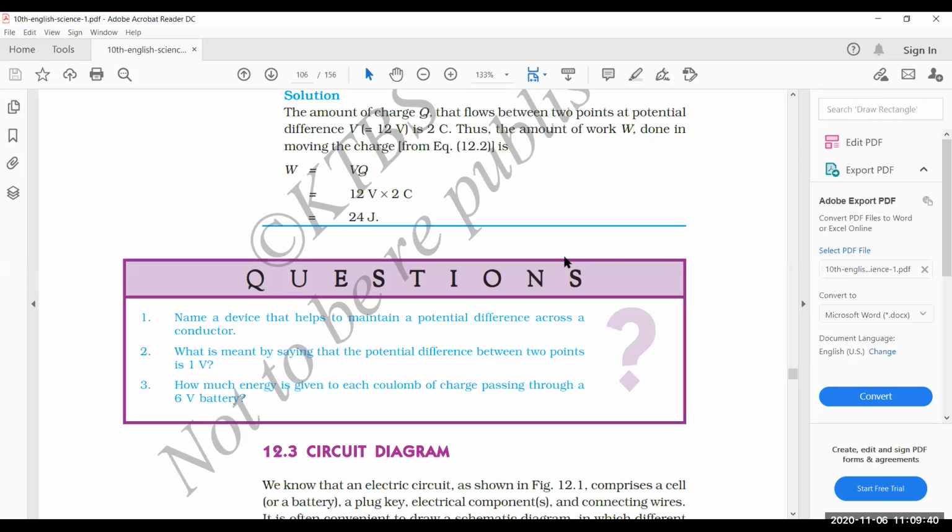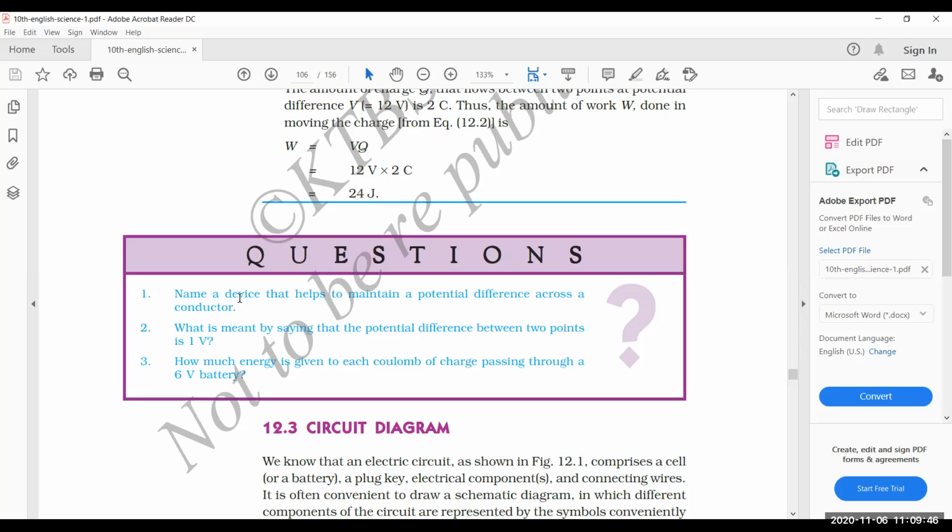Potential difference concept. First one: name the device that helps to maintain a potential difference across a conductor. So which is that device?